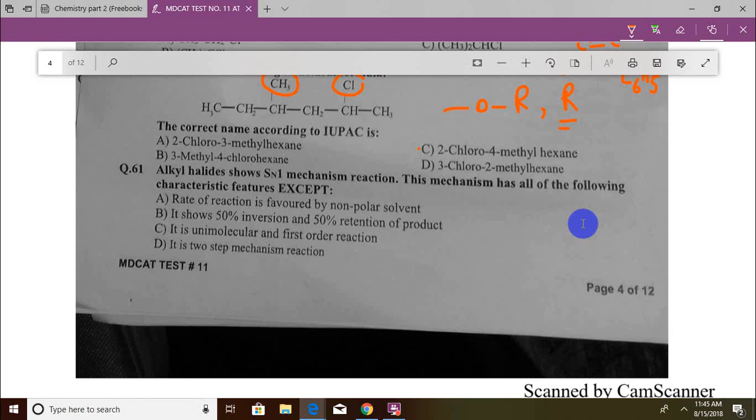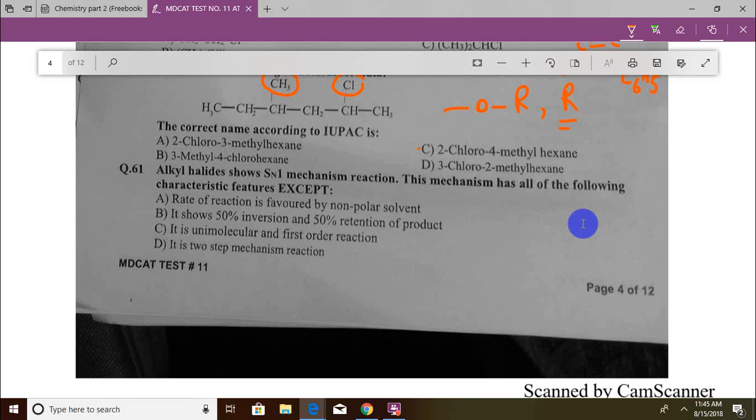So it is a two-step mechanism. Yes, it is unimolecular and first order. Well, it is unimolecular in the sense that the rate determining step, the one that actually has an influence on the rate, contains just one molecule. So even though there are two molecules in total, it is unimolecular in the case of rates. So this is all right.